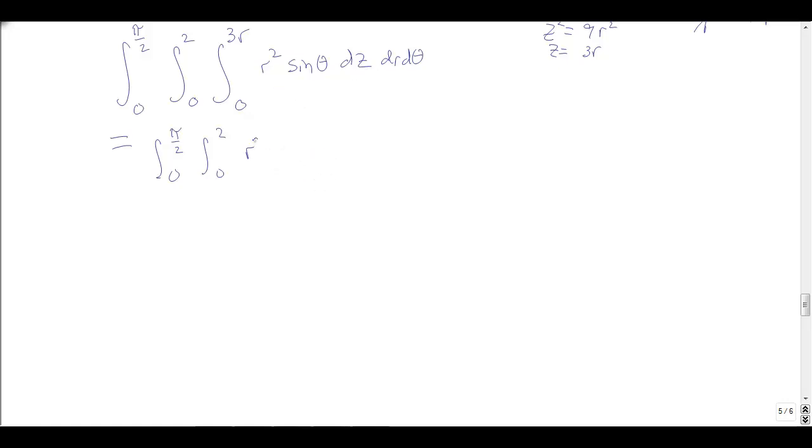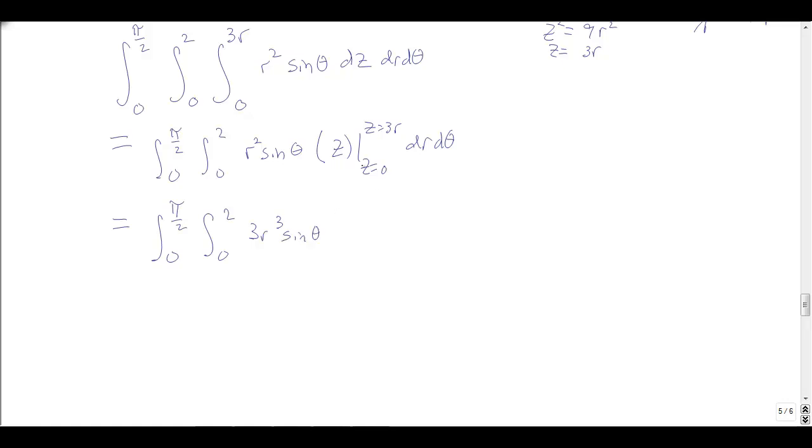So we get r squared sine theta as our constant, and then z from z equals 0 to z equals 3r, and dr d theta, with theta from 0 to pi over 2 and r from 0 to 2. When you plug in 3r, you're just going to end up with 3r cubed sine theta.